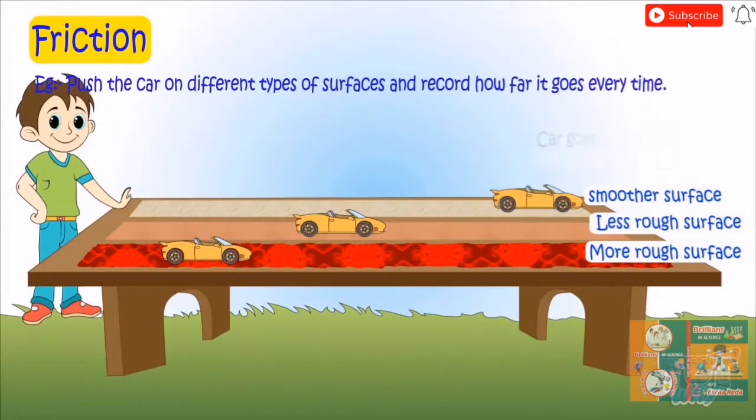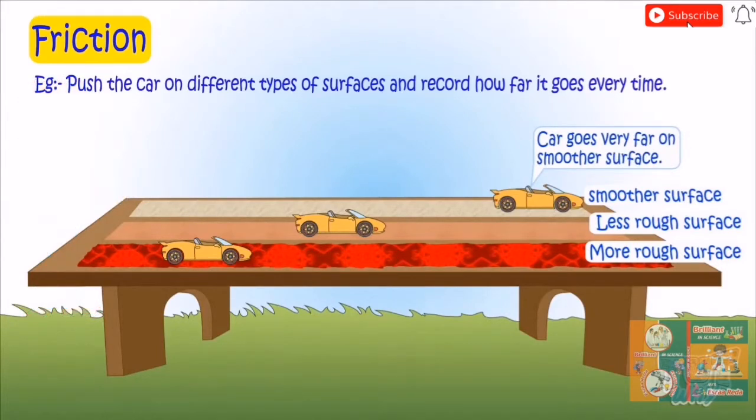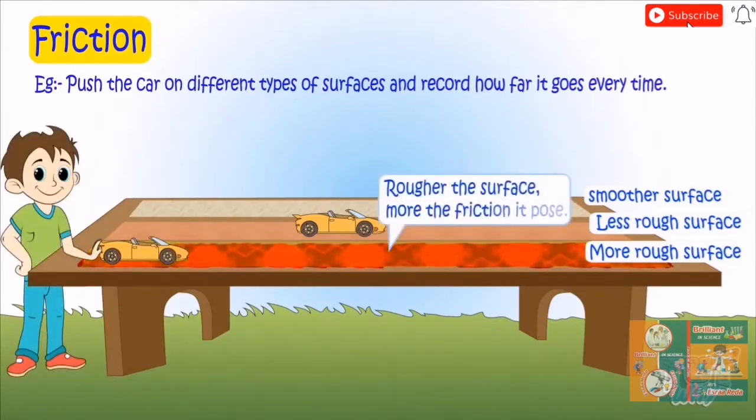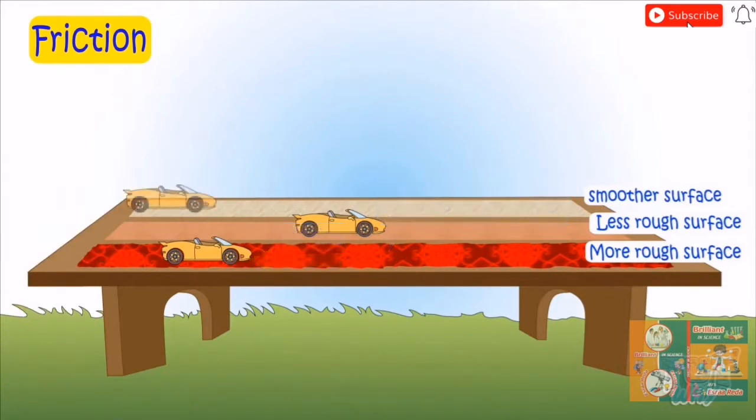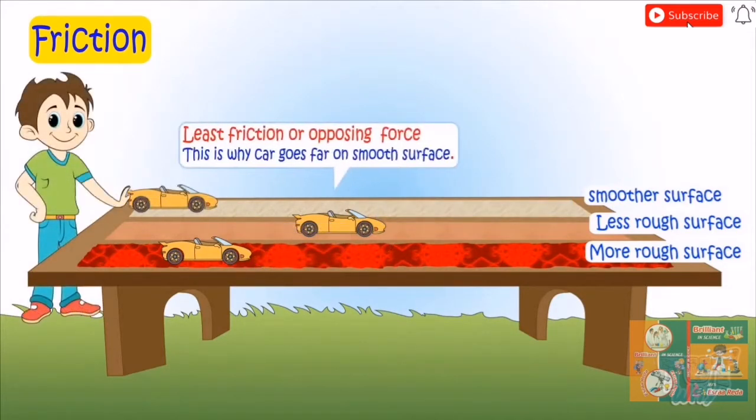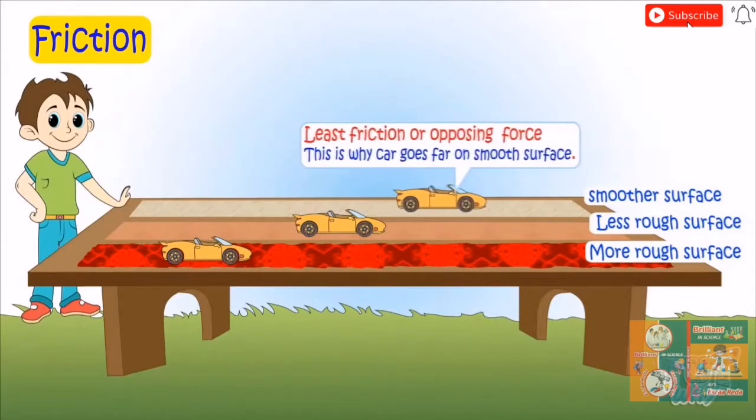Result is very clear. Smoother the surface, faster and farther the car goes. This is because the rougher the surface, the more friction it poses, or the opposing force for any movement. The smoother the surface, the lesser the friction or the opposing force.